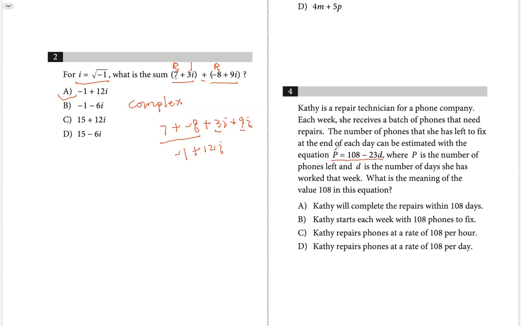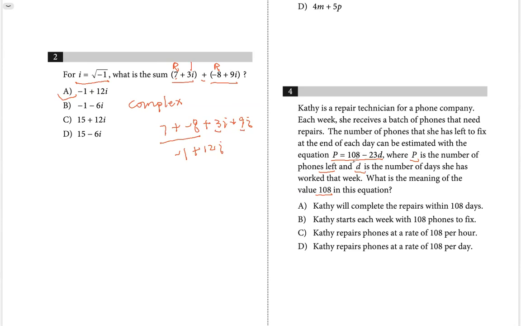With this equation, P equals 108 minus 23D, where P is the number of phones left, and D is the number of days she has worked that week. So the question, what is the meaning of the value 108 in this equation, right?